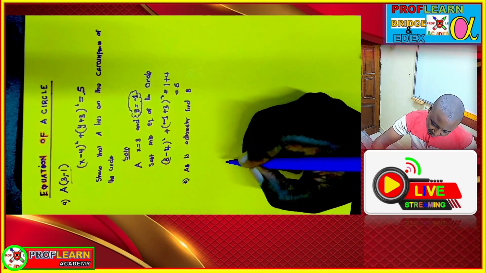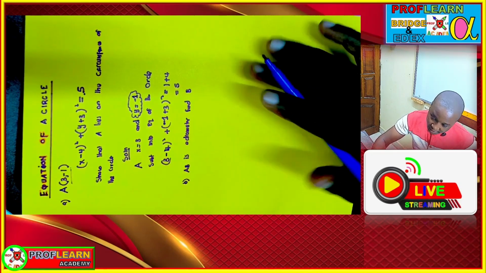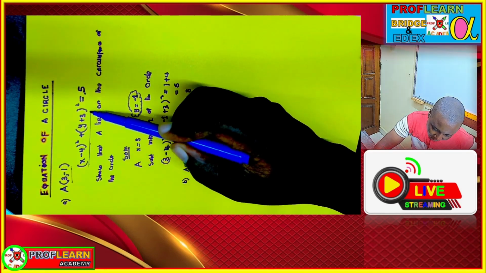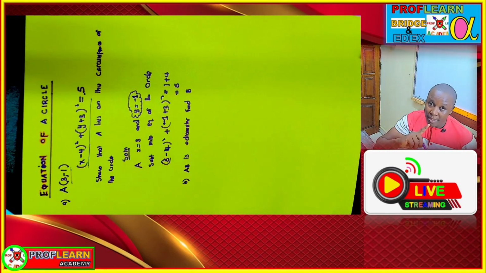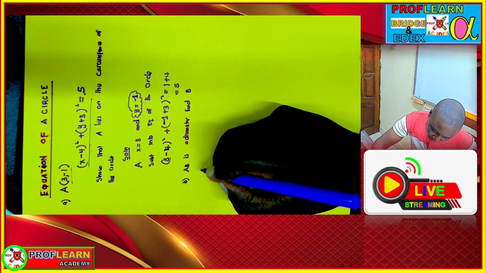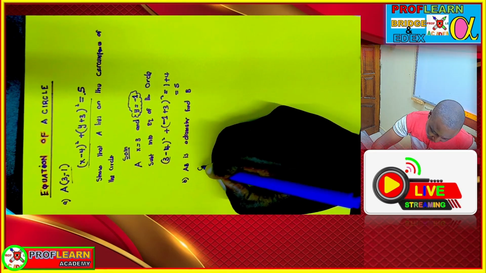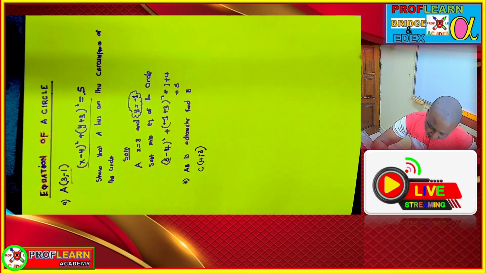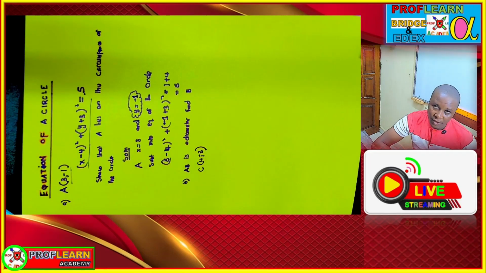Now, something that you need to appreciate here is that from this equation we can state the center of this circle. So we can say the center of this circle is (4, -3). That is the center of the circle.